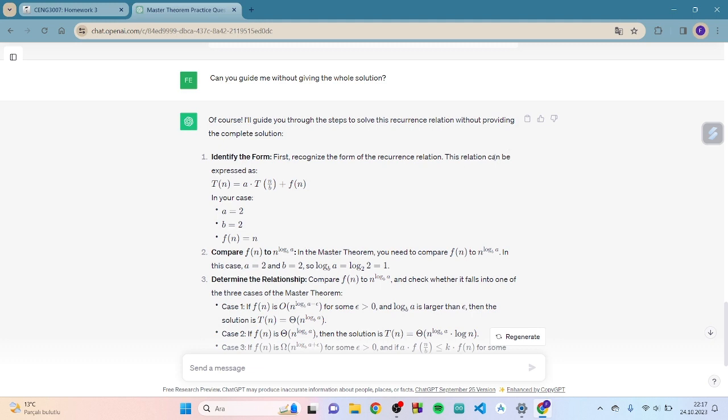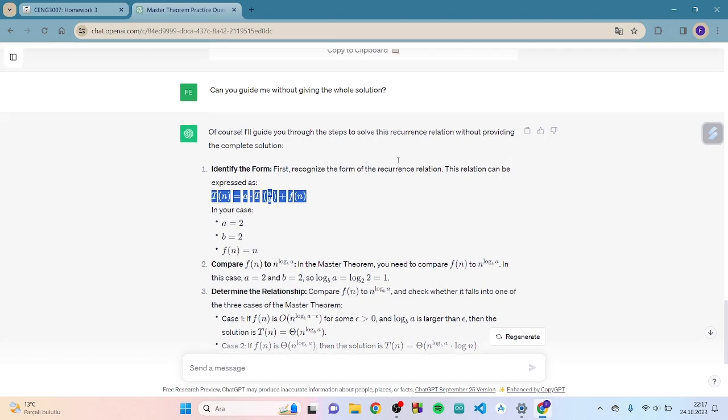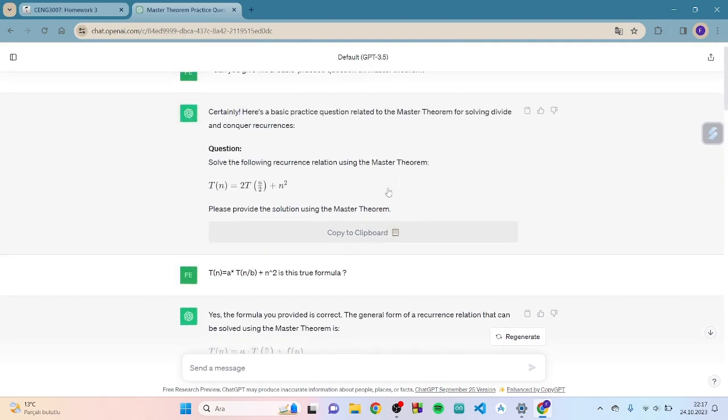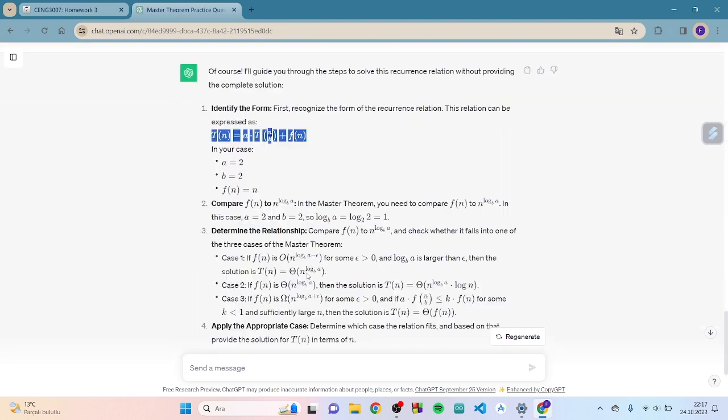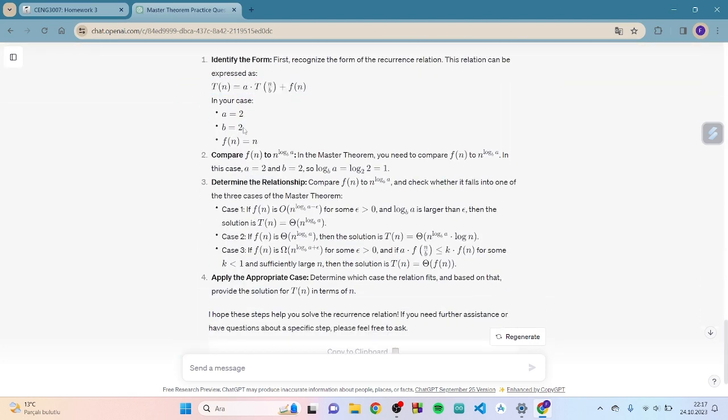Of course, I will guide you step by step to solve the recurrence relation without providing the complete solution. Identify the form. This relation can be expressed like that. I know this, I said it before. In our case, a equals 2, b equals 2, and f(n) equals n. I know this one, but I don't know the other one. Compare f(n) to n to the log base b of a in the master theorem. In this case a equals 2 and b equals 2, so log base 2 of 2 equals 1.